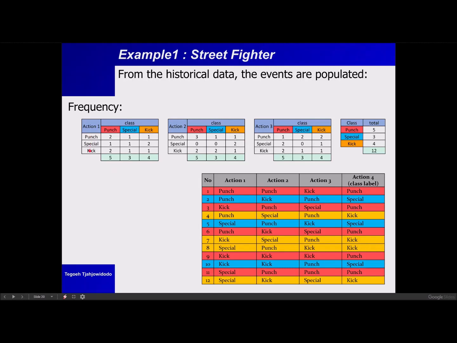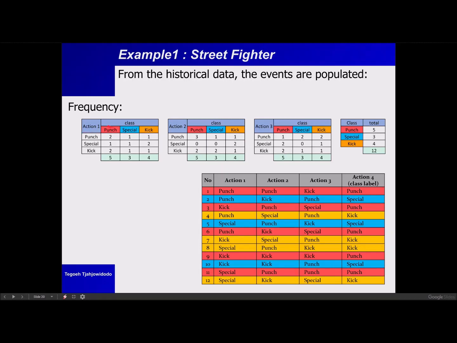What I want to say here is, if from the historical data the last action, action 4, is punch, how many events have the first action also punch? So I just look at here. So we have 1, 2, 3, 4, 5 events with a punch as the last action, and then I calculate how many of these 5 events have punch in the first action.